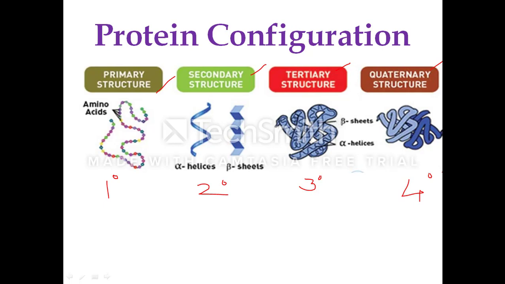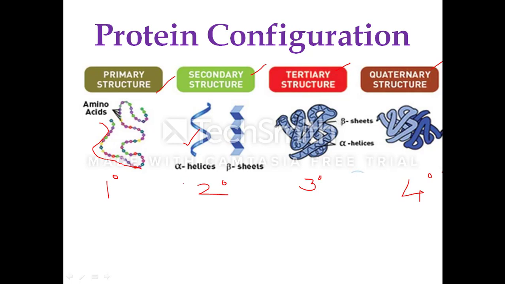The primary structure of protein consists of a linear chain of amino acids. They are joined together by peptide linkage and is an unfolded simple structure. This linear unfolded structure assumes a helical shape to produce the secondary structure.